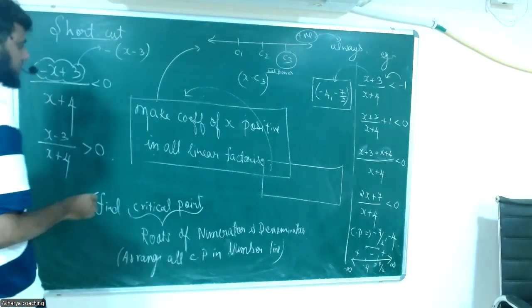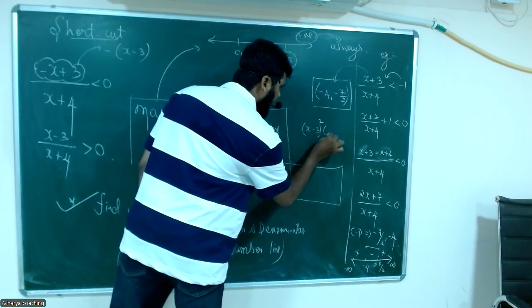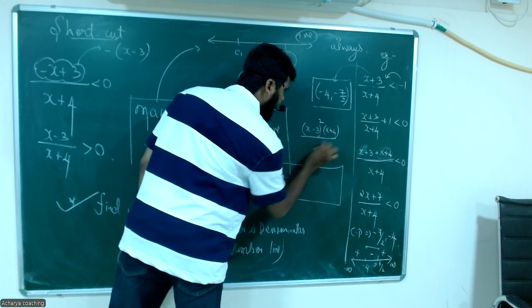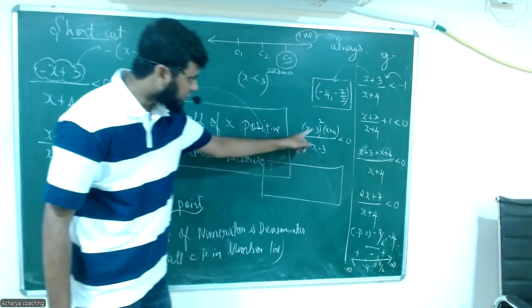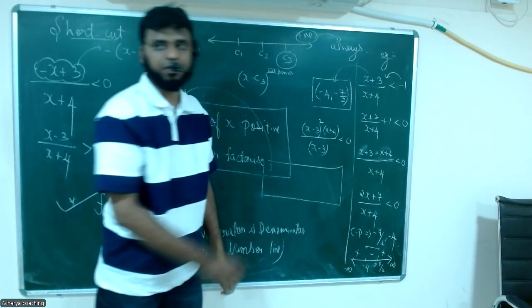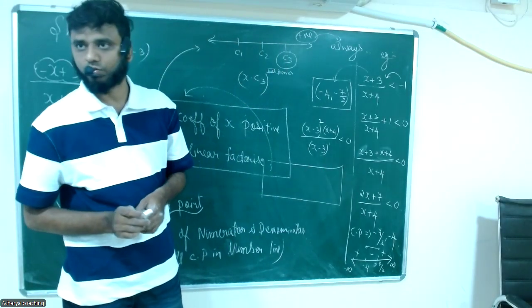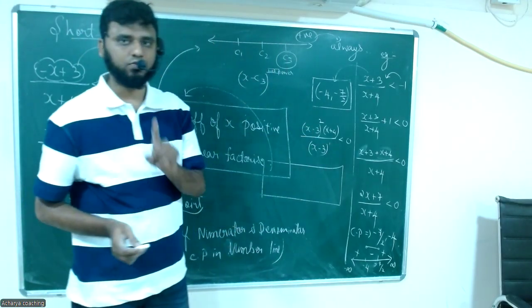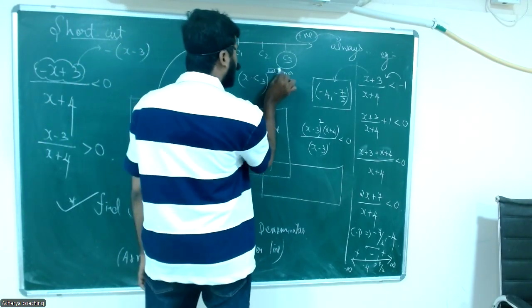Suppose I can have a question like (x minus 3) the whole square into (x plus 4) by (x minus 3) less than 0. Here I have x minus 3 and here also I have x minus 3. What is the net power? 2 minus 1, law of exponents, you know. So 2 minus 1 is 1. Is 1 odd or even? Odd.